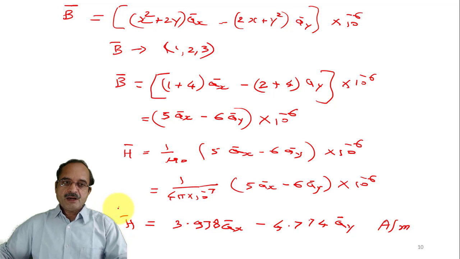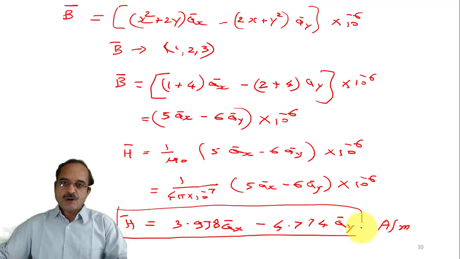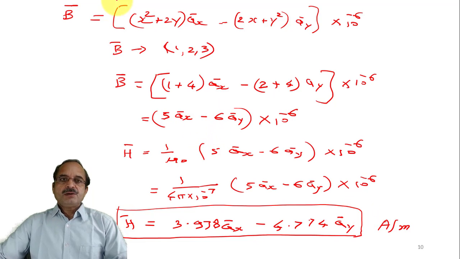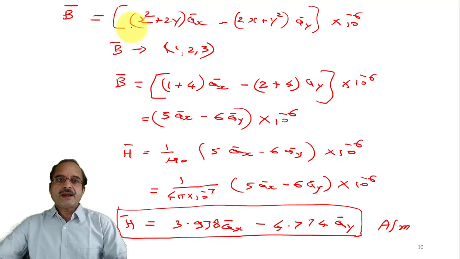So we have determined here the magnetic field intensity from the vector magnetic potential. In this video we have learned the concepts and the equations about the scalar magnetic potential and vector magnetic potential.